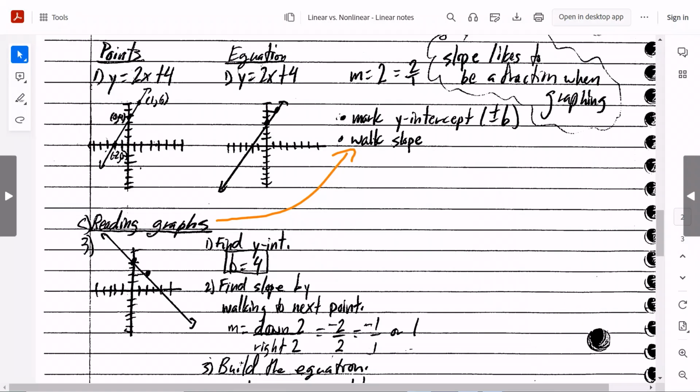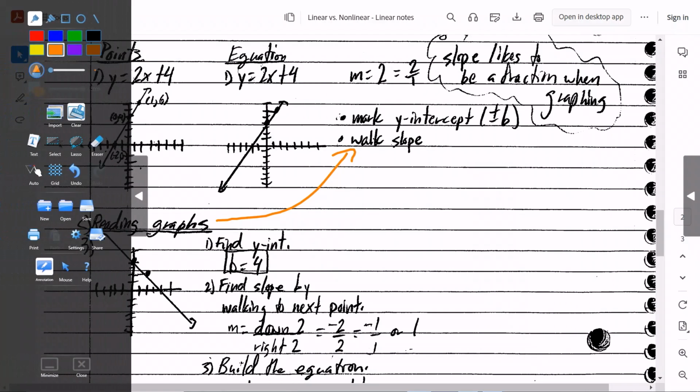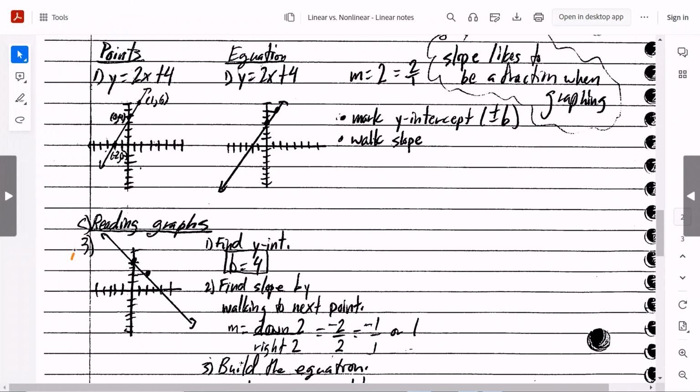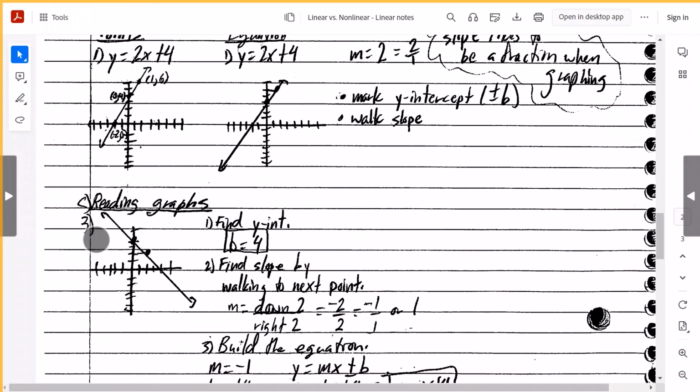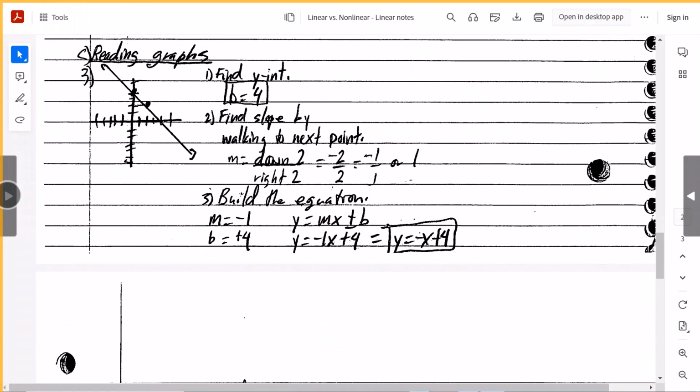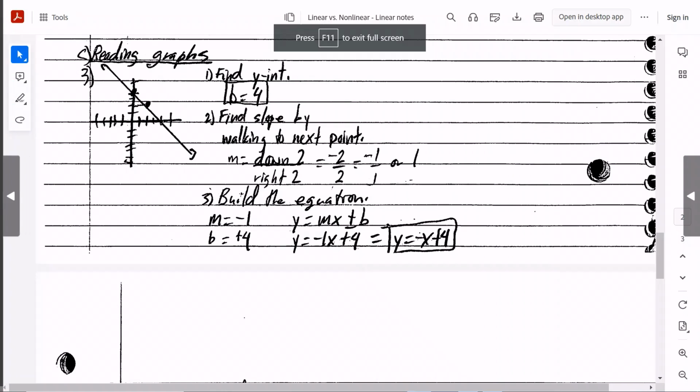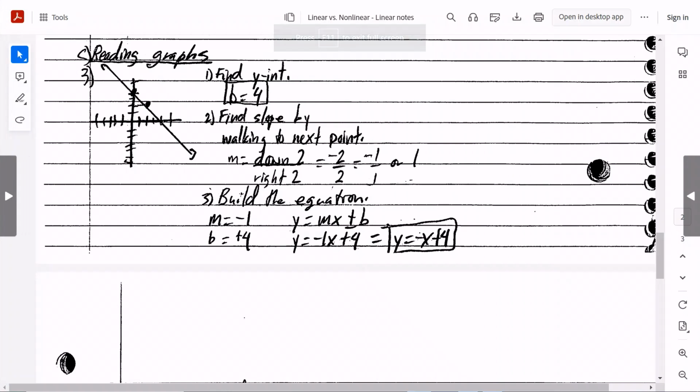There's just a third one that we'll talk about here shortly, and it's not hard at all. All right? So the first thing you do, in this case, instead of marking the y-intercept, oops, I do that every class period. Instead of marking the y-intercept, you're going to find it. All right, it's already been marked. You just have to find it.